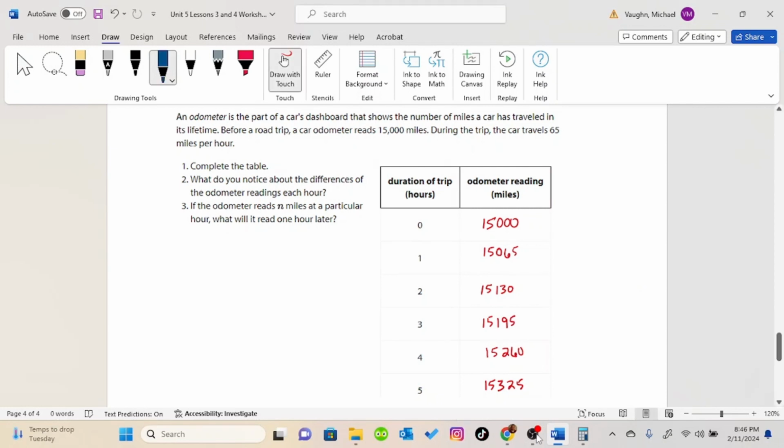Number 2. What do you notice about the differences of the odometer readings each hour?